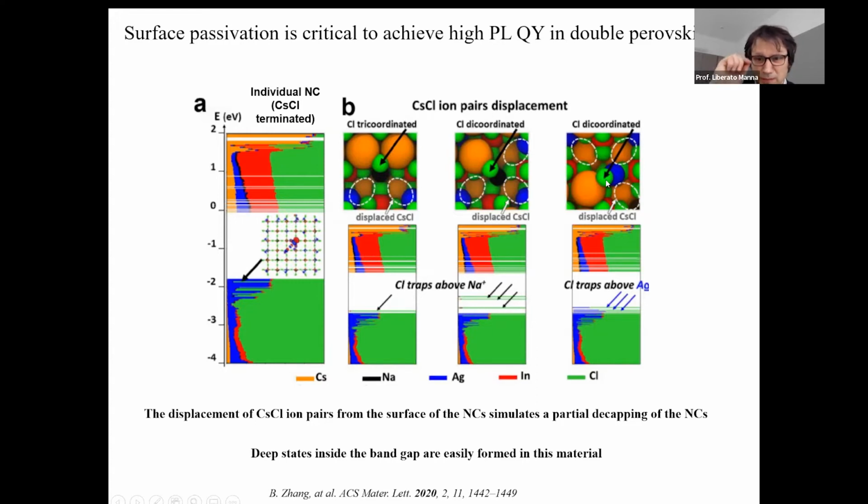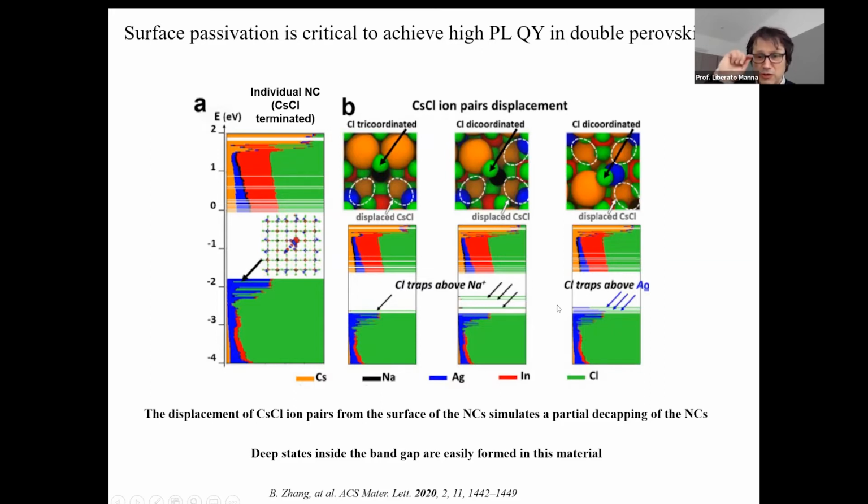Instead, you start from a situation where you monitor a chloride ion sitting on top of a silver ion, and the silver ion, because of the d orbitals, is able to delocalize more states. What you see in this case is that when you remove cesium chloride ion pairs, the traps that you form because of this unsaturated chlorine ion are more shallow.